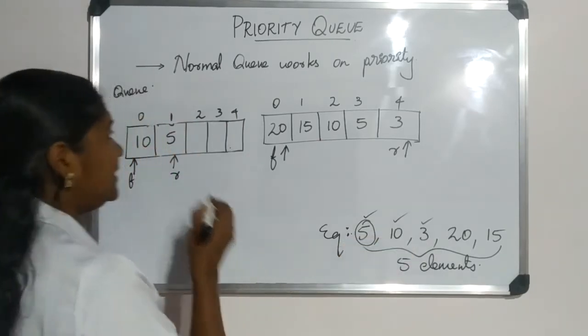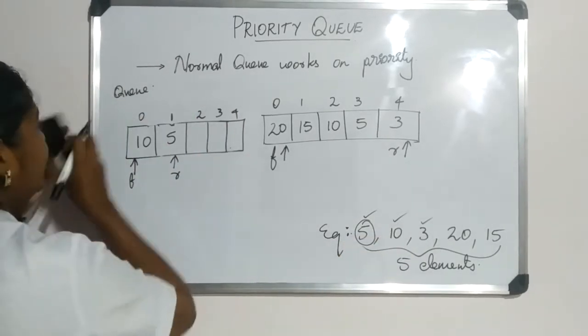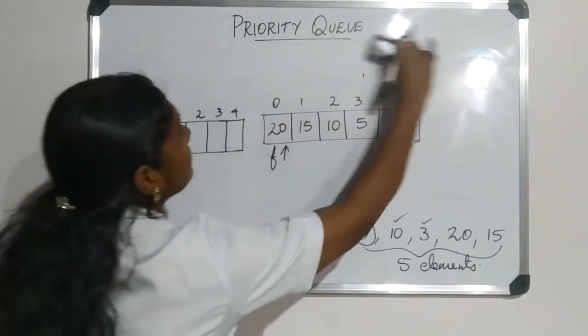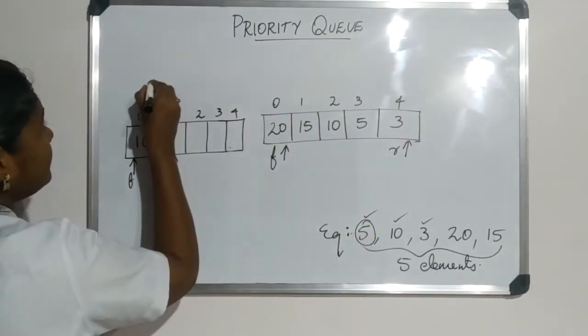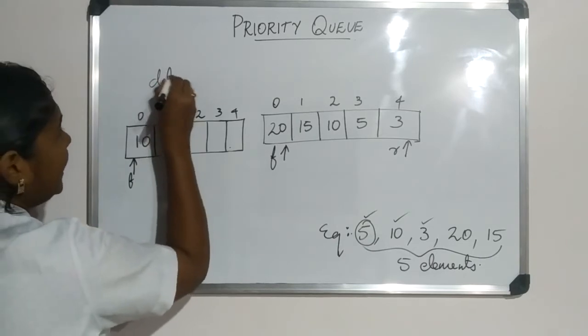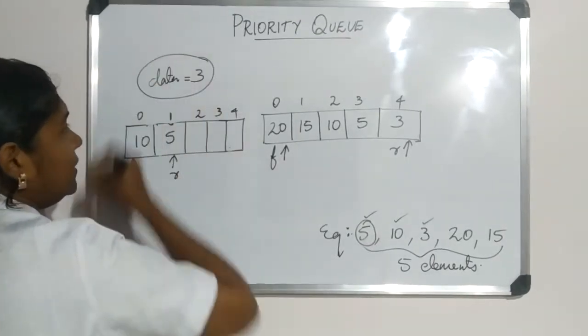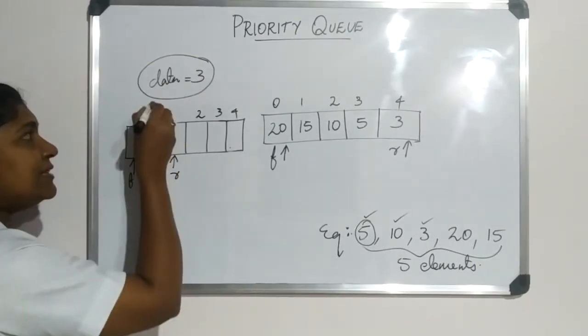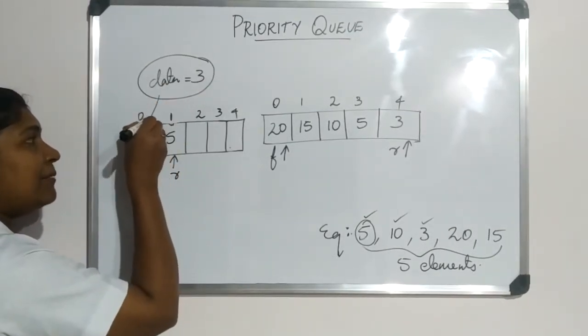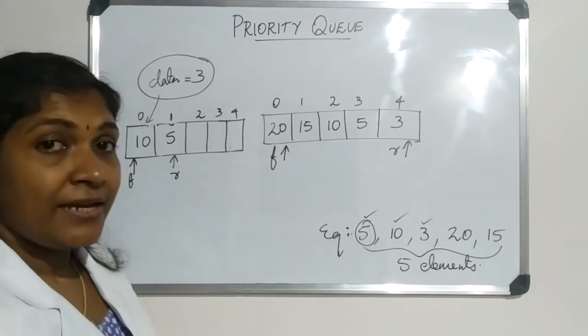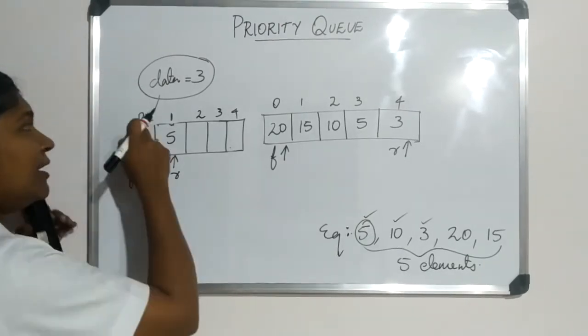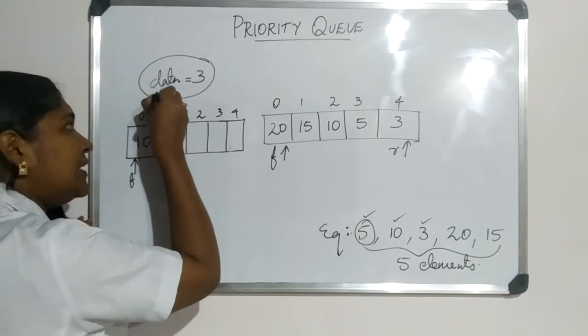So next is element 3. So I am keeping our data or our item 3. So I am comparing whether 3 is greater than element 10. Is it greater than 10? No, right? So I'll be moving to the next location.